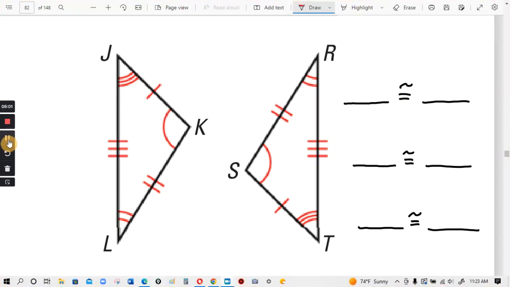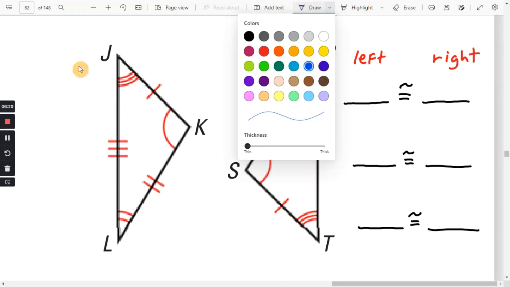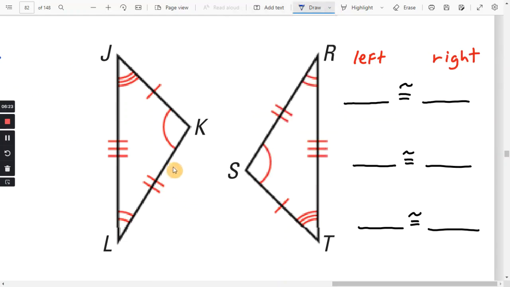All right, let's start by matching up the angles. Okay, this one on the left here will be the triangle on the left. And this side here will be the triangle on the right. Okay, it's not a right triangle, I'm just saying it's on the right. All right, let's match it by the angles.